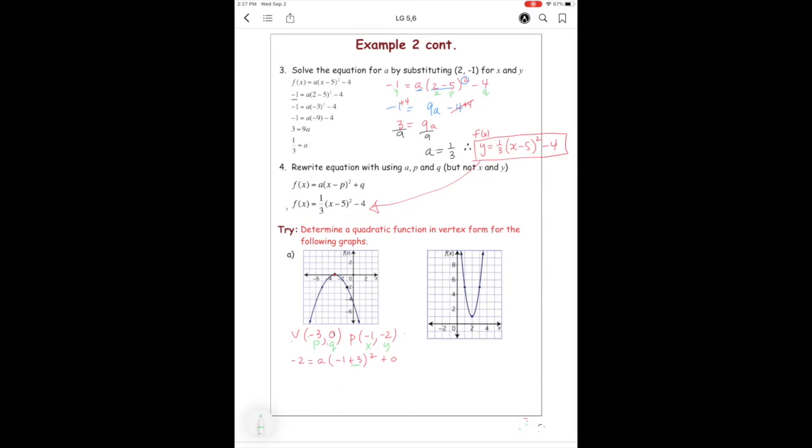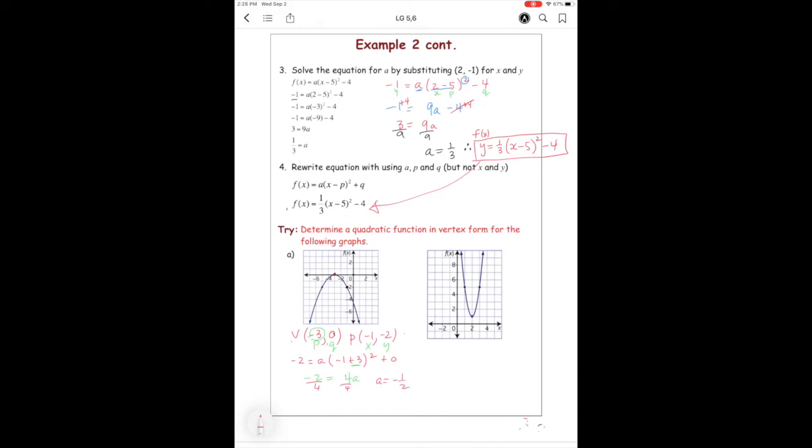Do some arithmetic. Watch out, that was the opposite. Remember, -3 becomes +3. So we get 2 squared, which is 4A. And then we just divide out that 4.